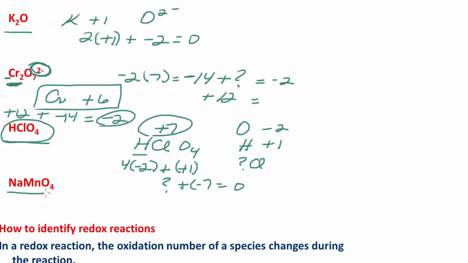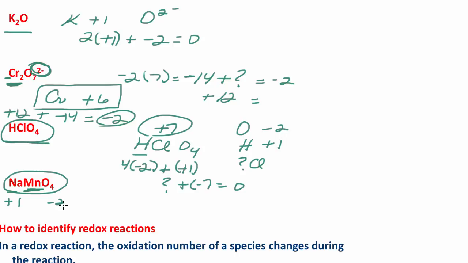Let's take a look at this. This is sodium permanganate. So we know that sodium is +1. Oxygen is -2, so we have to determine the oxidation number of the manganese.